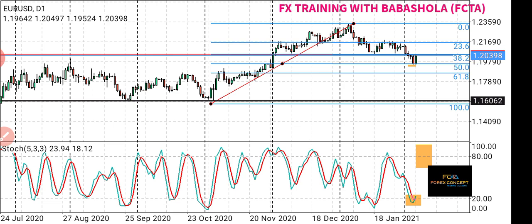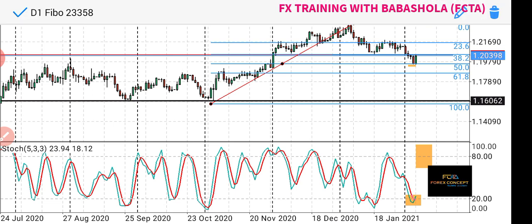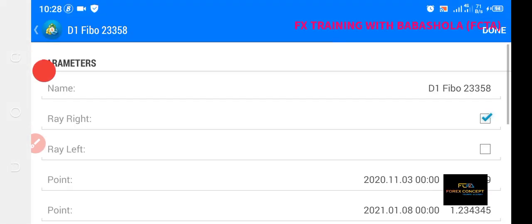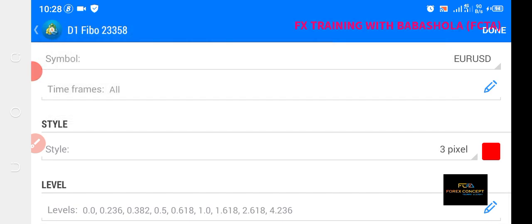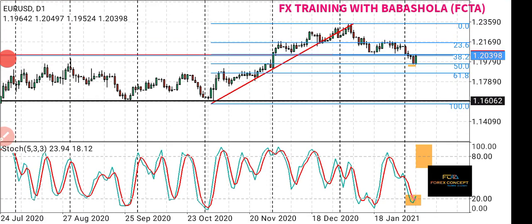Okay, so you can see this. Let me increase the style to 3 pixels so that you can see the color very well.